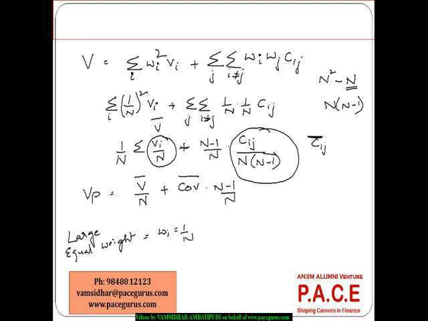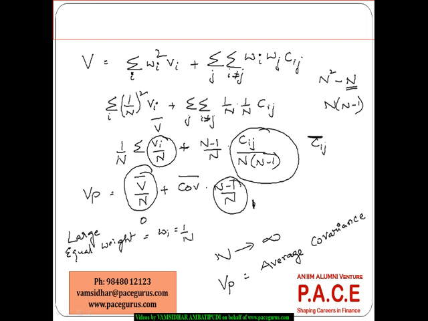Now take a situation where n is very, very large, n tending to infinity. This portion becomes 0, whereas when n is becoming infinite, this is becoming closer to 1. Larger and larger values of n, this is becoming closer to 1, which means the variance of the portfolio is becoming very close to the average covariance.